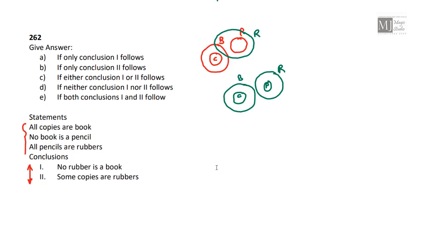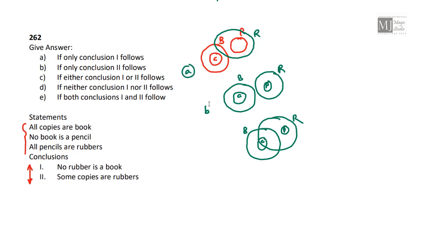This is copies, books, pencil, rubbers. This rubber portion can also cover up the copy portion. We can have a Venn diagram like this. Copies, books, pencil, rubbers. Then now what are the conclusions?